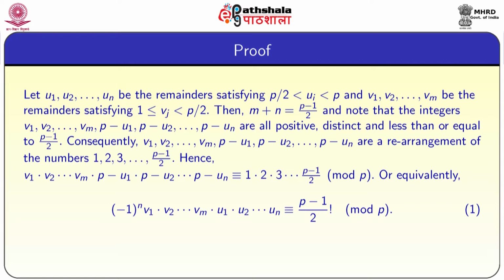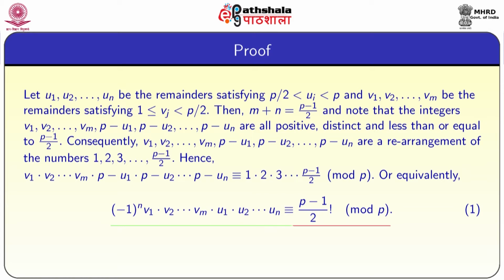So, hence V1 into V2 into and so on Vm into (P minus U1), (P minus U2) and so on (P minus Un) is nothing but 1 into 2 into 3 up to (P minus 1) by 2 modulo P, or equivalently this is equal to minus 1 whole power n into V1, V2 and so on Vm, U1, U2 and so on Un.